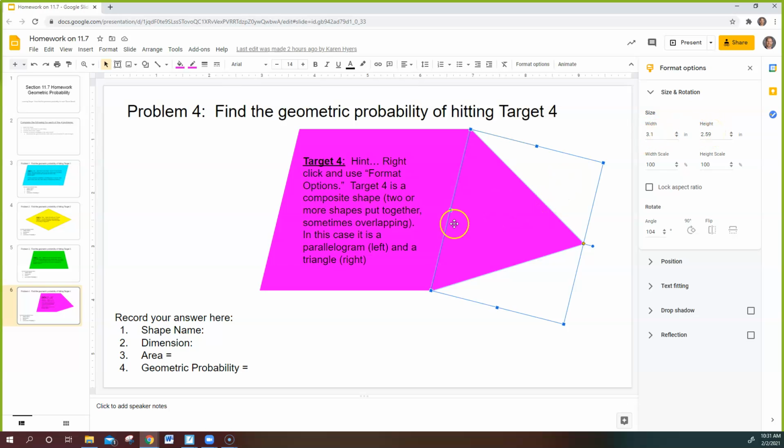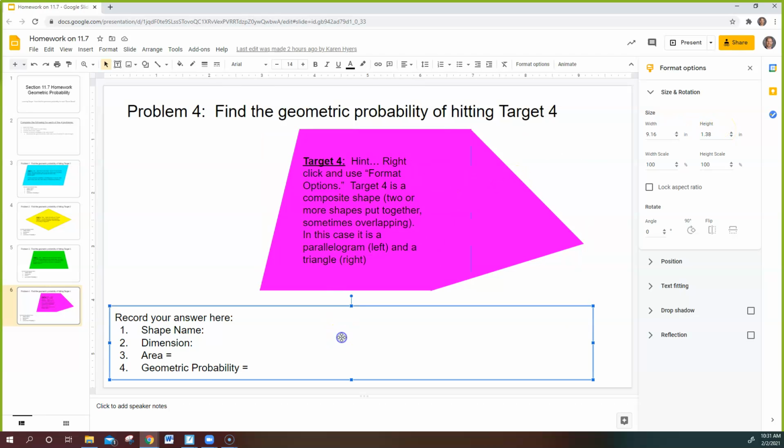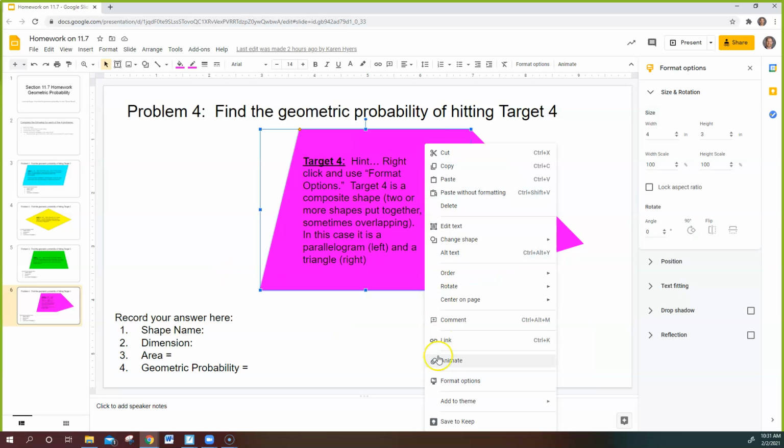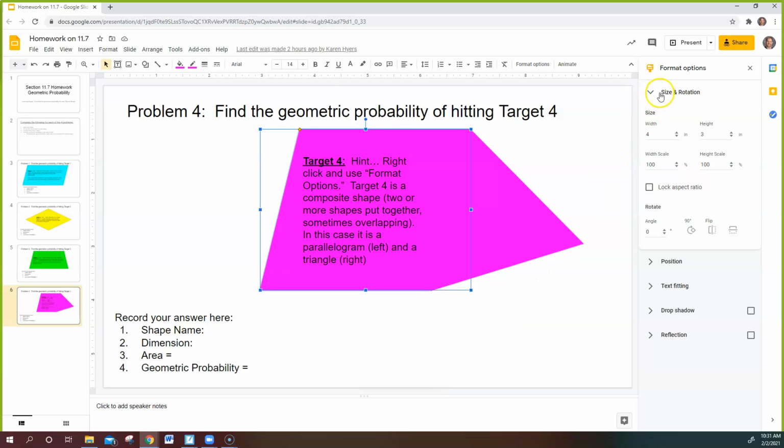So 1/2 base times height would give me the area of this shape. And then if I click on the parallelogram, notice the width and the height will change. So now this is a 4 by 3, base times height. And then to find the area of this shape, you would just add the two together. So it's all in that right click, format options, size and rotation.